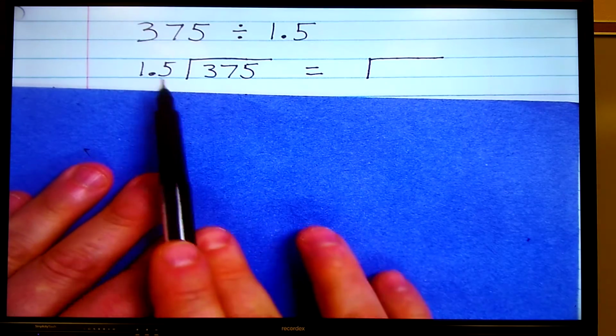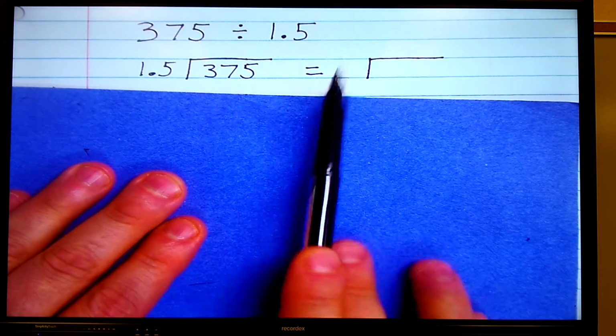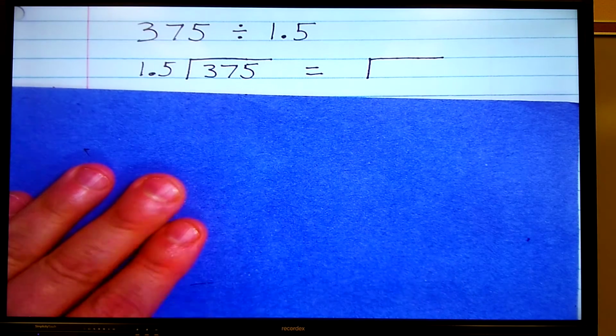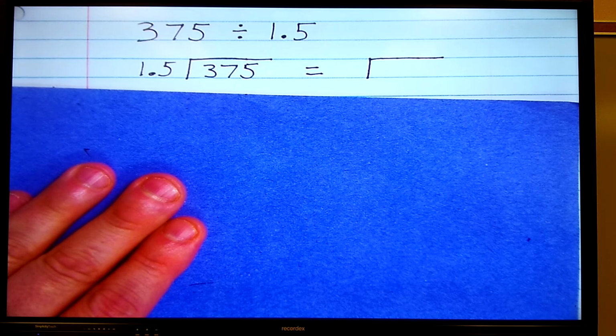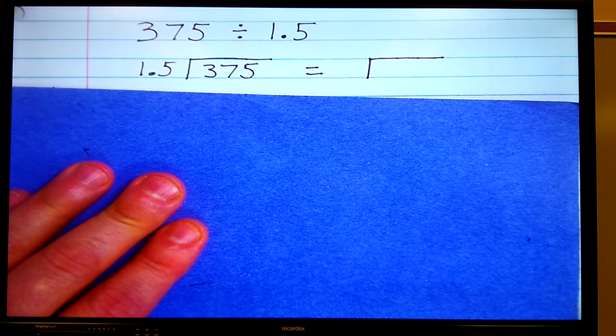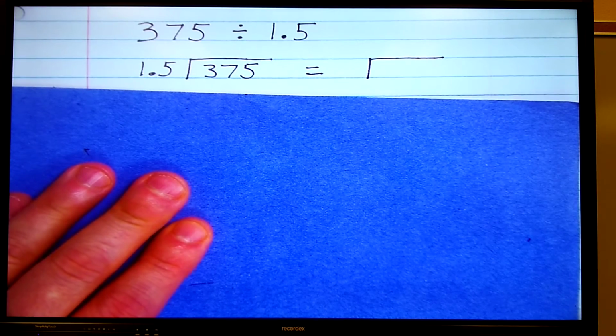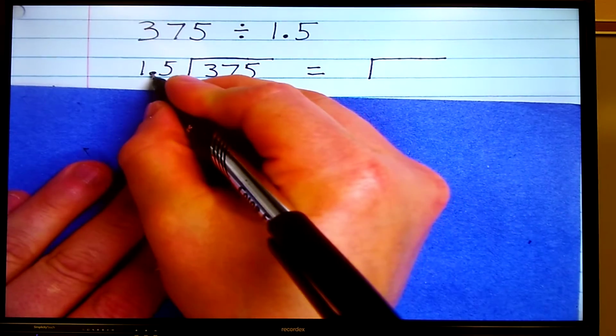All right. Remember, when we divide decimals, we have to have a new dividend and a new divisor. I want you to tell me what my new divisor and my new dividend is right now. Figure it out. Pause the video. All right, let's see what you got. I have a decimal here.